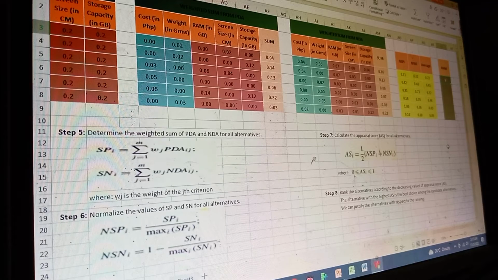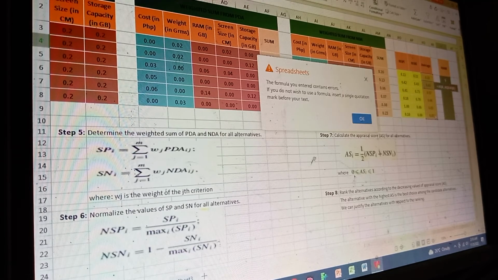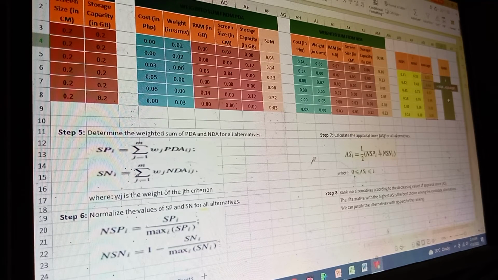The formula. So we will do again here. Wrong.